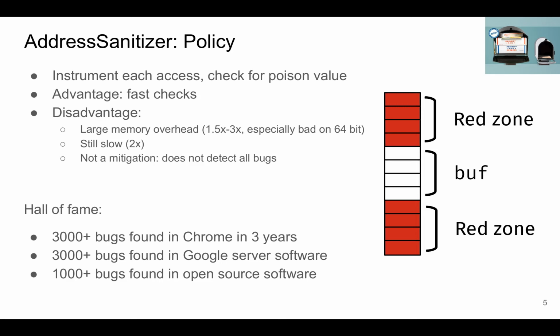If any of the reads or the writes of the program then end up reading or writing one of these red zones, address sanitizer detects a fault. And we will talk about the implementation of the red zones in a bit.